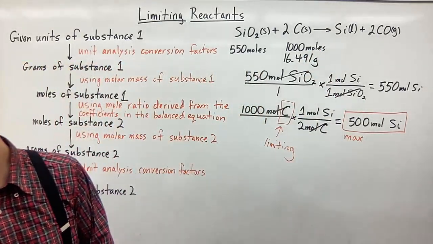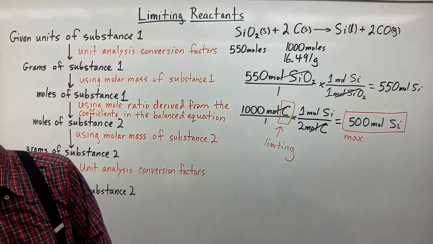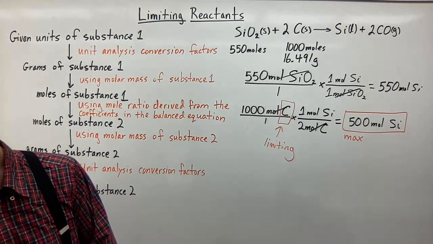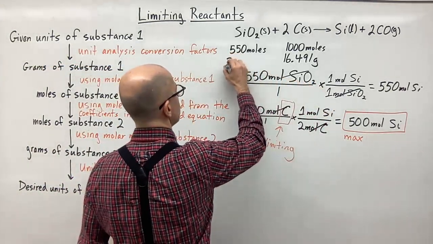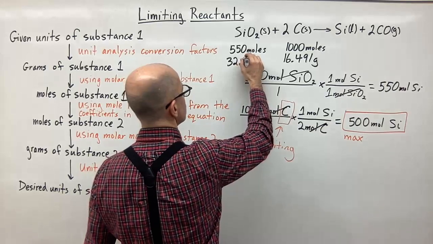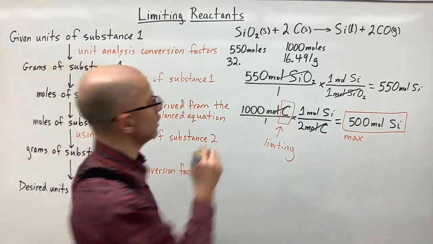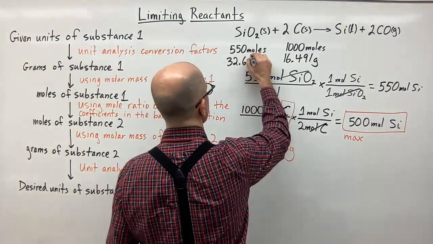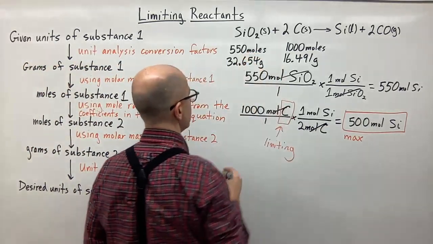And then for the SiO2, we're given 32.654 grams of the SiO2.